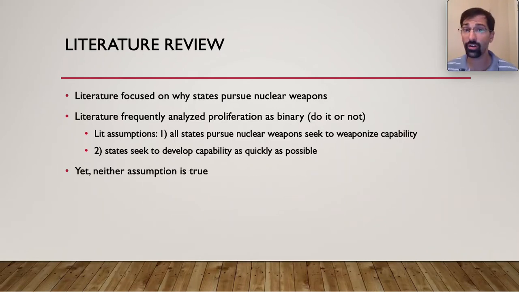They could, under the right circumstances, but they choose not to. Well, most of the literature assumes if you're developing any kind of nuclear capability, you're developing a nuclear weapon. The next is that states seek to develop the capability as quickly as possible. That also doesn't fit the historic narrative. Many states simply go about it slowly.